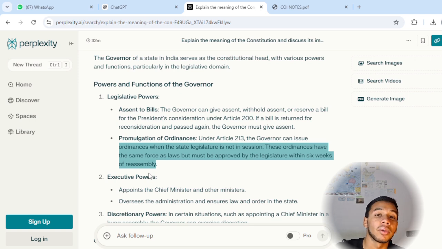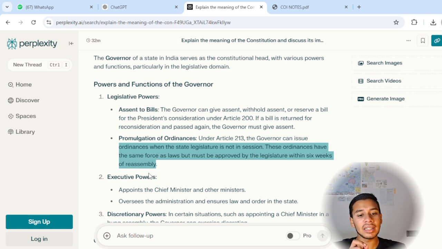Guys, I want to take a minute and understand what these ordinances are. Under Article 213, the governor can issue ordinances when the state legislature is not in session. Then the governor can directly implement or change old laws into new ones, basically small changes.